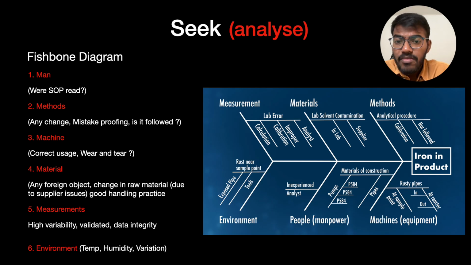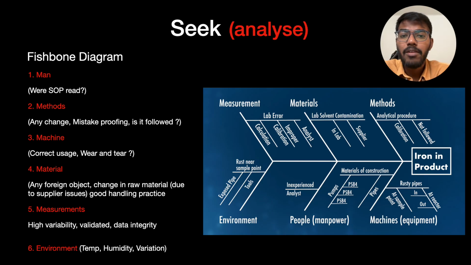And then coming to machine, is it the correct usage of the machine at the correct time, or is there wear and tear which has not been properly commissioned? And then the fourth term is material. Is there any foreign object, a change in raw material? A change in raw material happens due to supplier issues.